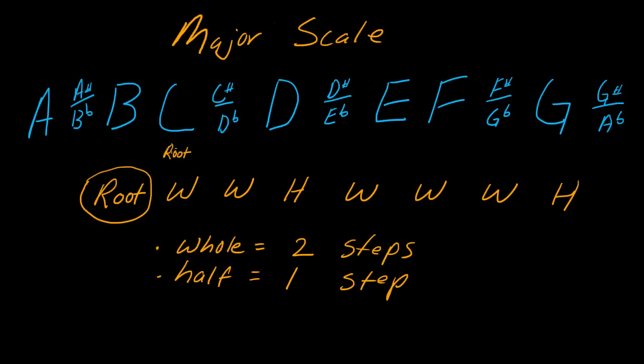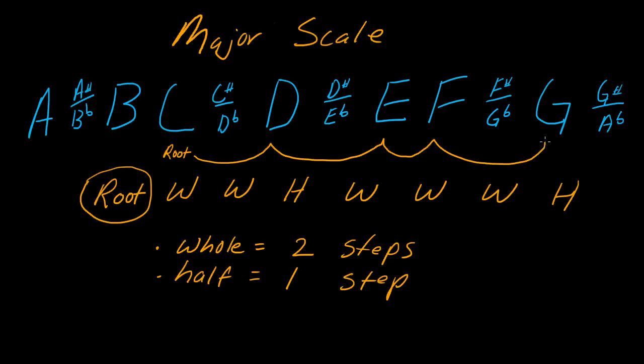Now, from here, I'm going to count up using this formula. Whole, whole, half, whole, whole, whole, half. So from root, a whole would be 2 steps. Whole, another whole, whole, half, then whole, whole, whole, half.